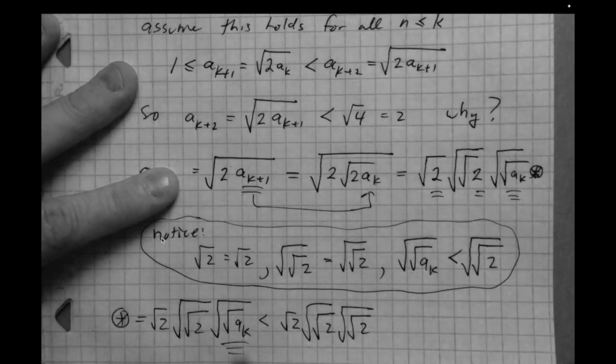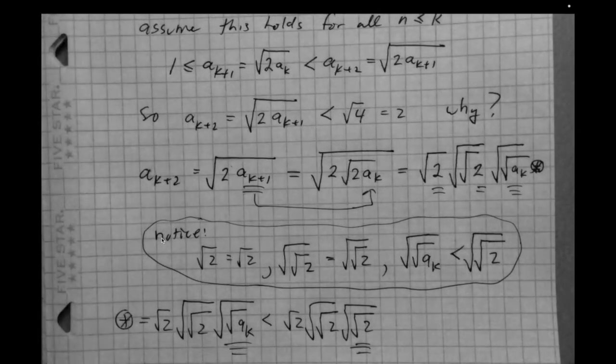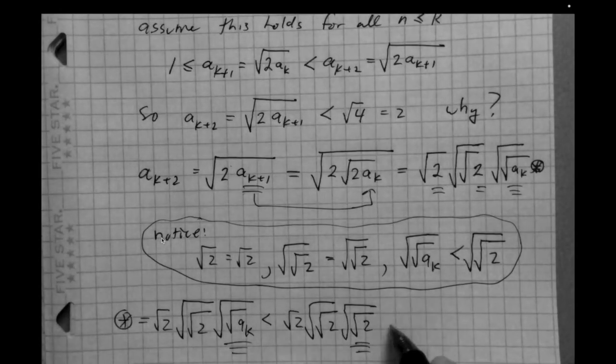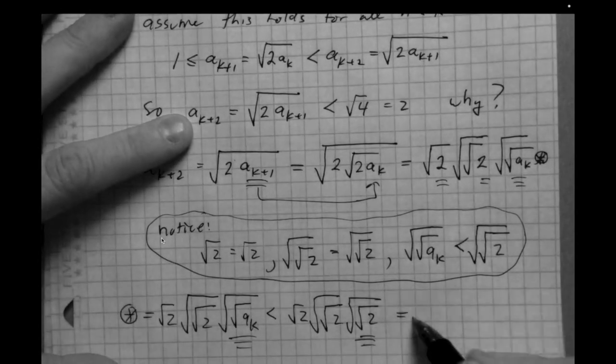Specifically this one here and that one here. We know that the square root of a sub k is less than the square root of the square root of 2 by induction.